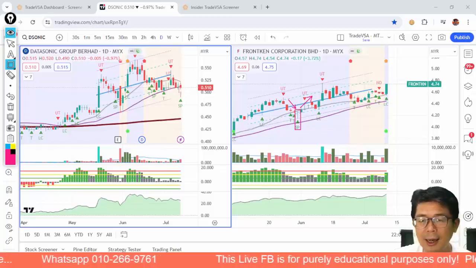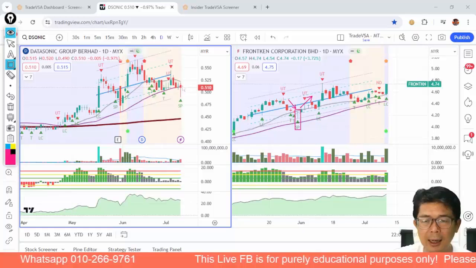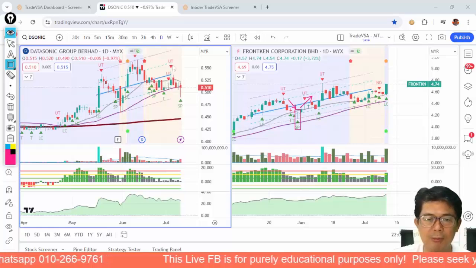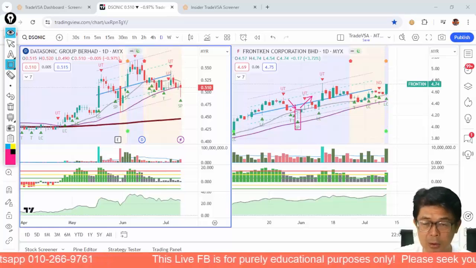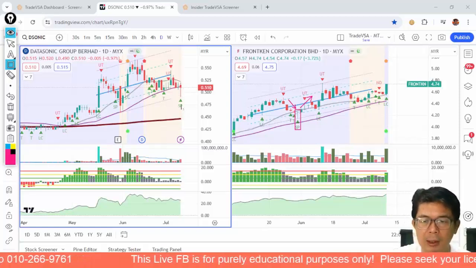D-Sonic not so good because you can see the market sort of springs here. It's going to move sideways, but I don't think, you know, it's still pretty much in the sideways market. And also you have upthrust, so there's weakness in the background too. That's why the market is sort of moving sideways, but it can't go down some more.